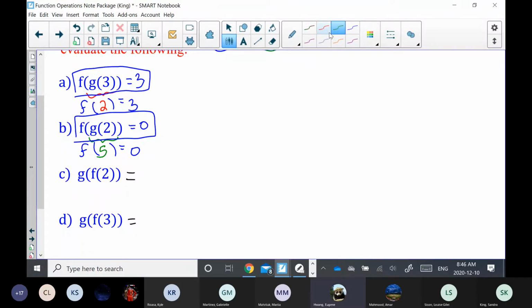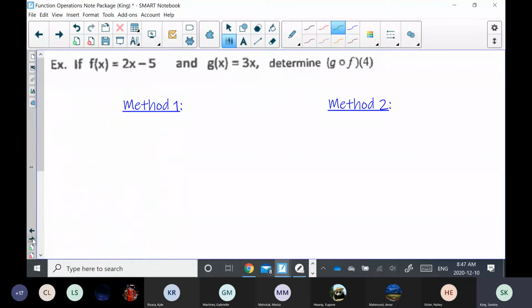Is it 2? It is 2. Yep, that guy is 2. And then the next one, the g of f of 3. Haley, do you have that one? Yeah, I do. Is it -1? It is. Good. So that's how you would evaluate composite functions as follows.